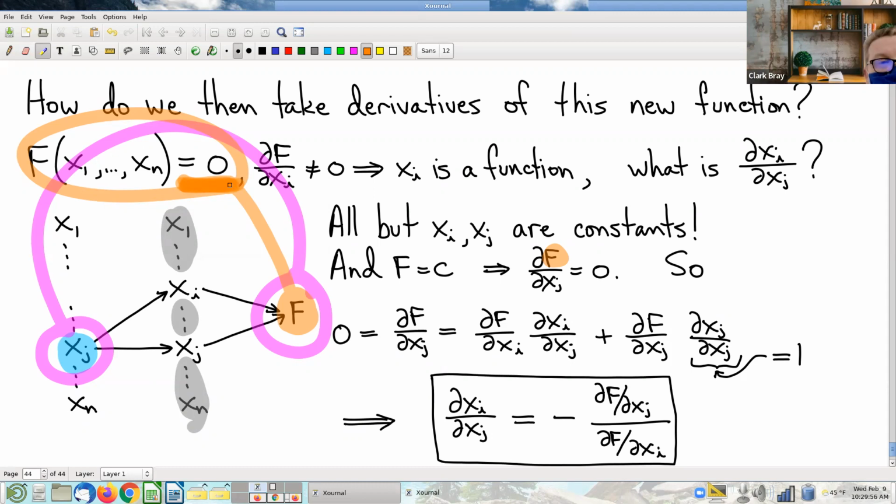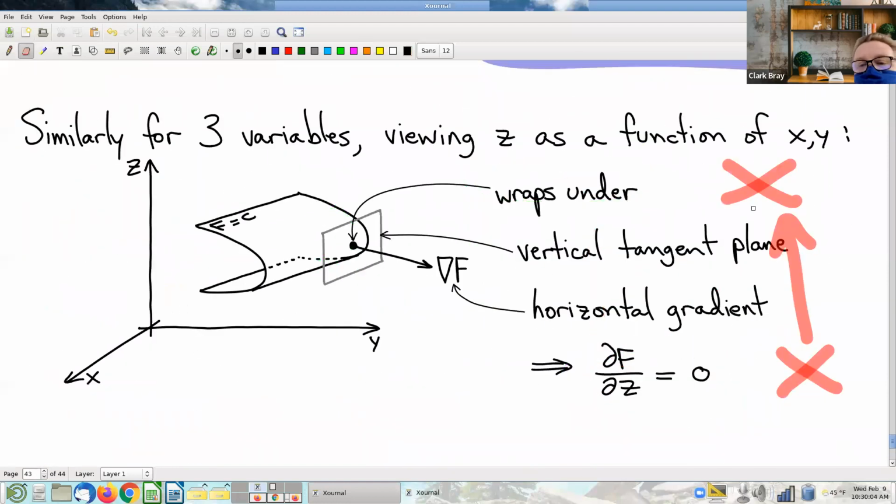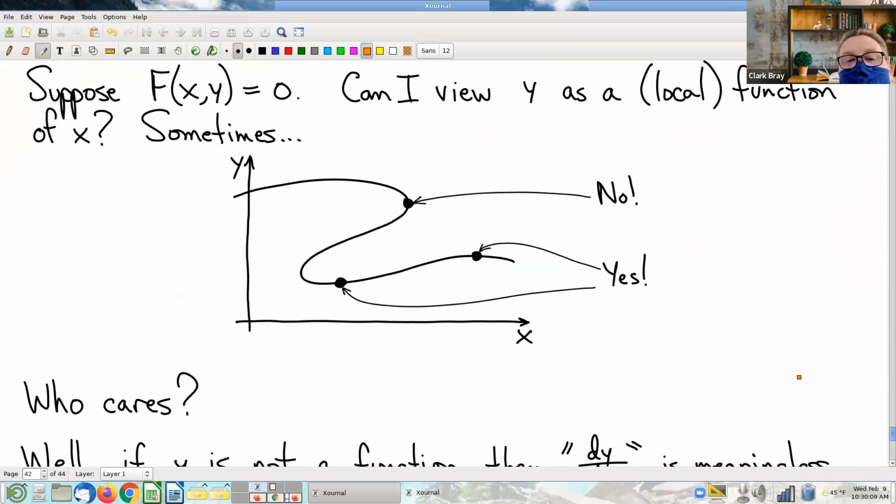Yeah, absolutely. So in fact, that's one way to think about what we're doing when we're taking a partial derivative. Actually, let me come back up here to where there's an easier picture to deal with.